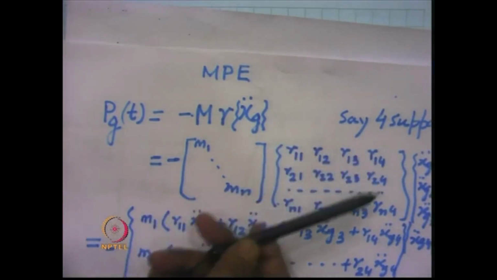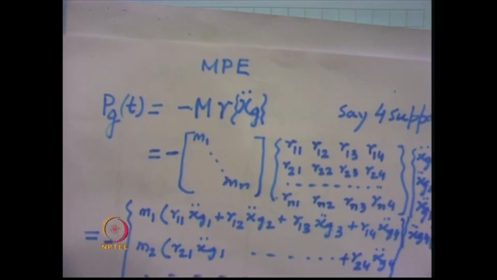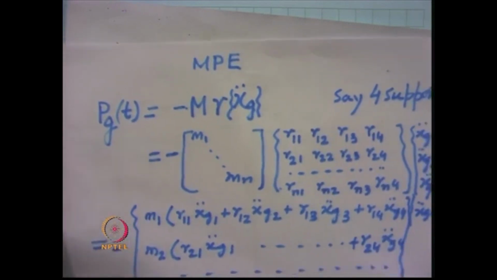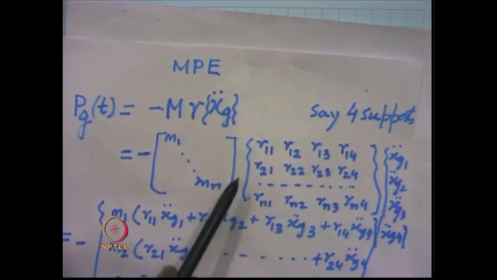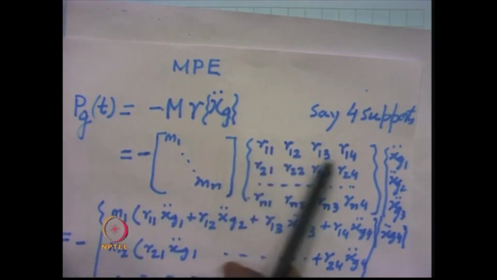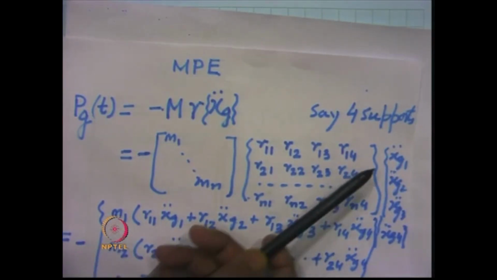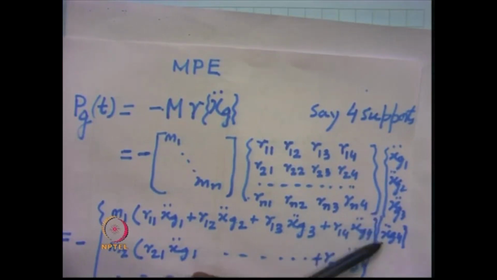For the R matrix, say we are considering 4 support excitation, then it will be an n by 4 matrix. n is the number of degrees of freedom, and the R matrix would look like this, and x double dot g1, x double dot g2, x double dot g3 and x double dot g4 are the support excitations.